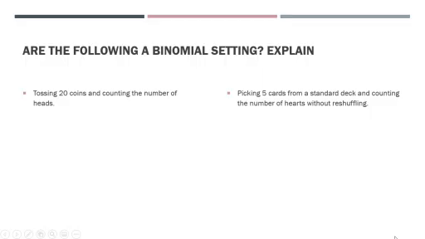Okay, so let's look at these two examples and see, are they binomial or not? And if they're not, which of the criteria are wrong? Looking at the first one, tossing 20 coins and counting the number of heads. If you're flipping a coin, are there two options of success and failure? Yes. Heads would be success, tails would be failure. So number one works. Number two, is there a set number?